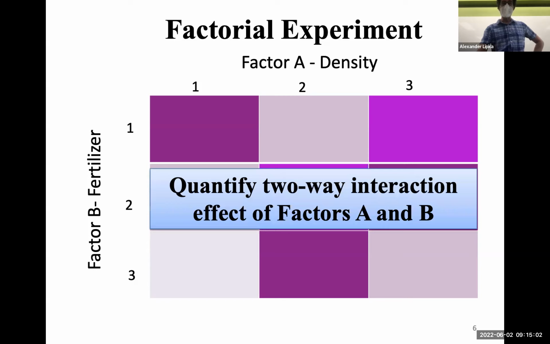So we can also quantify two-way interaction effects of factor A and factor B. In a second, I'm going to go to a statistical model that shows us how we can model main effect of factor A, main effect of factor B, two-way interaction effect. But first, are there any questions?